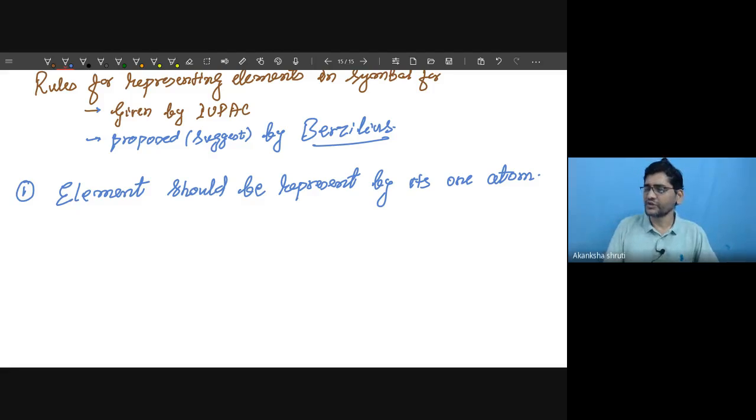Whether you denote the atom of that element or that element itself, both mean the same, not the molecule. Write in brackets, not the molecule.